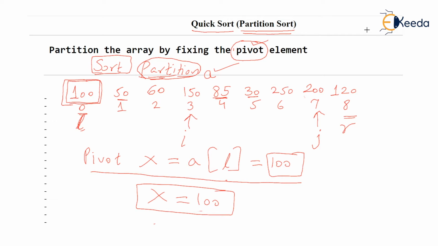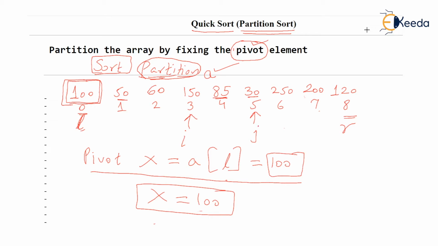Now it is turn of J. J will decrease, J minus minus, till we get the first value which is less than or equal to 100. Remember, even 100 is okay. So obviously J is going to stop at place 5, because the fifth place is such a place from the right-hand side where the value stored is less than or equal to the pivot, that is 100.